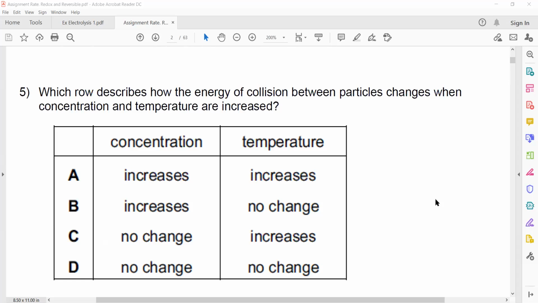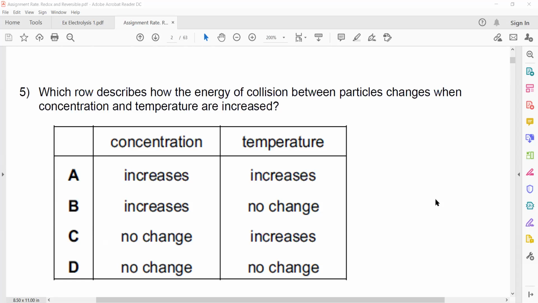Which row describes how the energy of the collision between the particles changes when concentration and temperature are increased? If we use more amount or higher concentration, how is the energy between the particles affected? What could be the answer? Question 5.